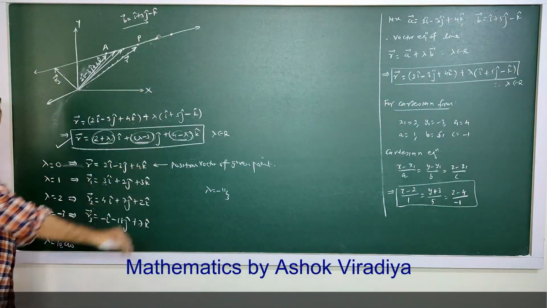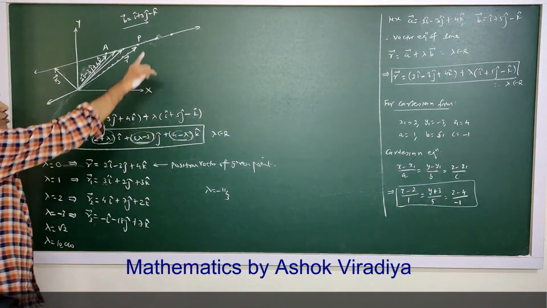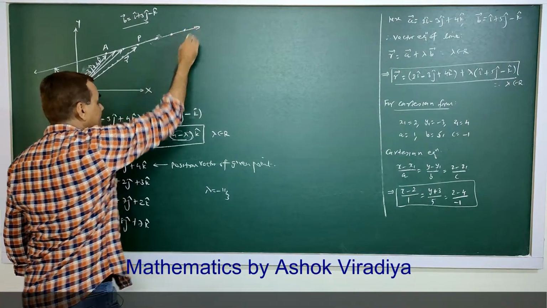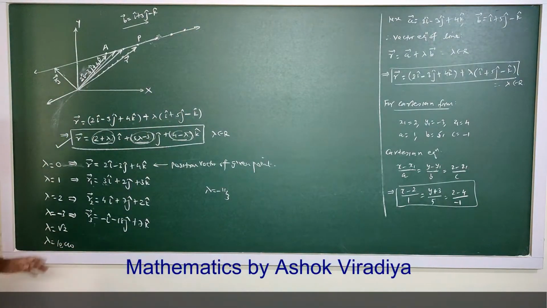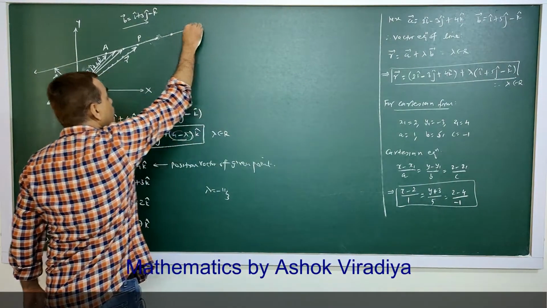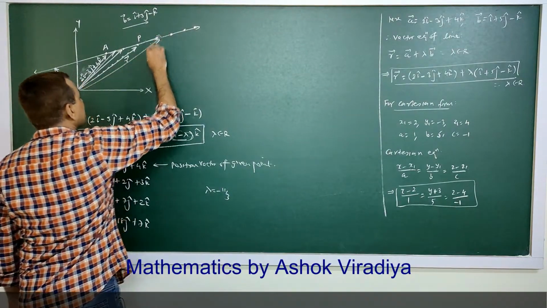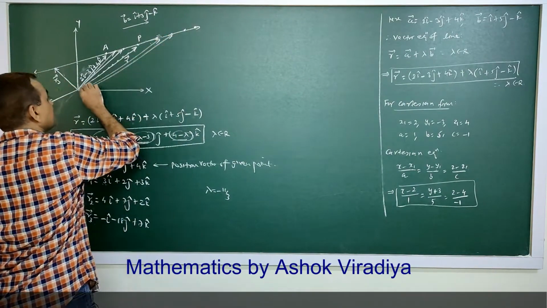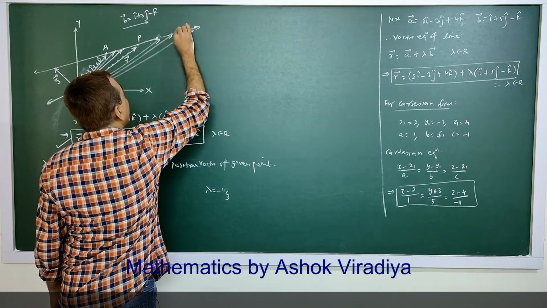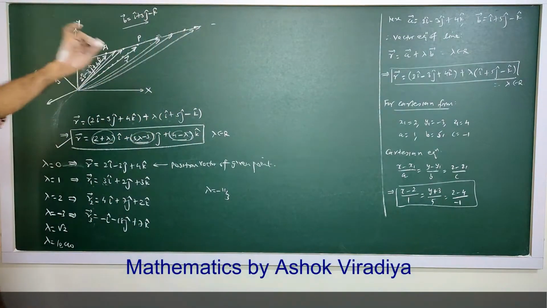Corresponding to every value of lambda, we are getting a new point on this line. New lambda, that is a new point, that means the position vector of a new point. These are position vectors of points on this line.